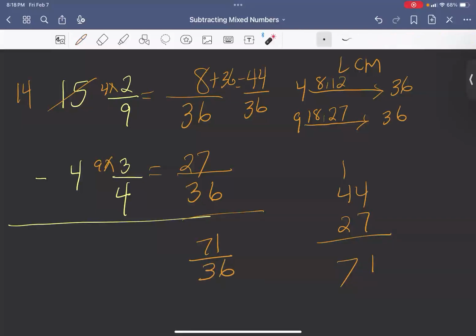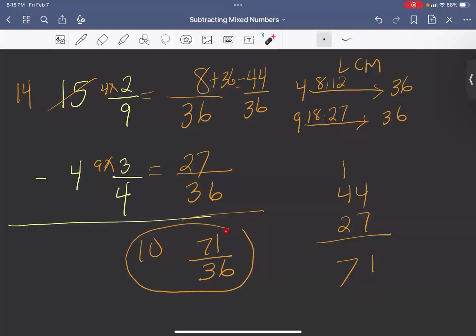So now we also have to subtract our whole numbers. We have 14 and 4, so 14 minus 4 is 10. So you could leave your answer like this, 10 and 71 over 36.